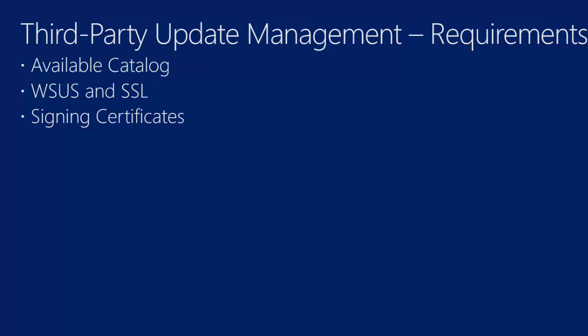In the process of setting up third-party update integration, ConfigMgr will either load that signing certificate onto WSUS itself, which is where that SSL stuff comes in if WSUS is remote, or you will do it. Again, both scenarios.